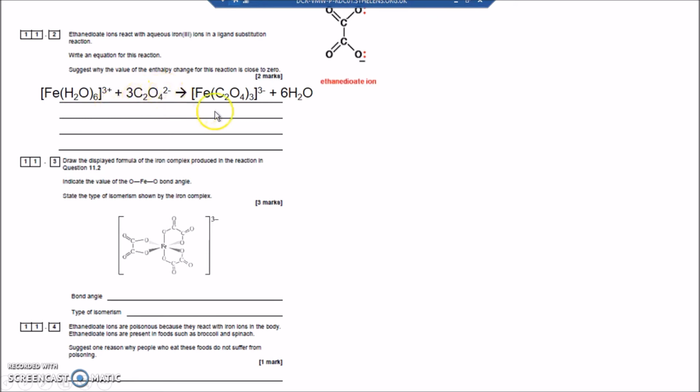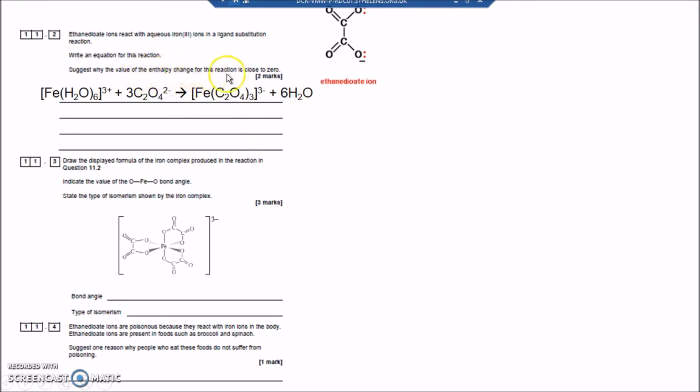These are 2 minuses each, and I've got 3 of them, so 2 minus multiplied by 3 is 6 minus. 3+ for the Fe, 6 minus for the 3 ethane dioate ions leaves 3 minus overall. So I've got 3+ and 6 minus gives 3 minus on the left hand side and 3 minus on the right hand side, and 6 water.